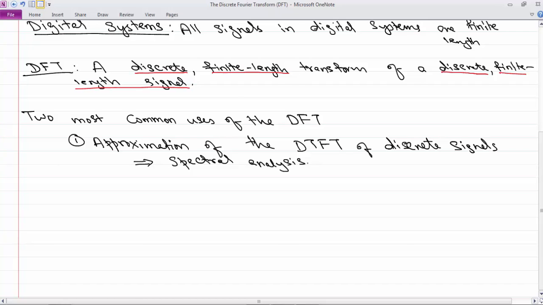So you have, for example, machines, spectrum analyzers. You record music, you want to find out what are the frequencies present in the music, you use DFT.